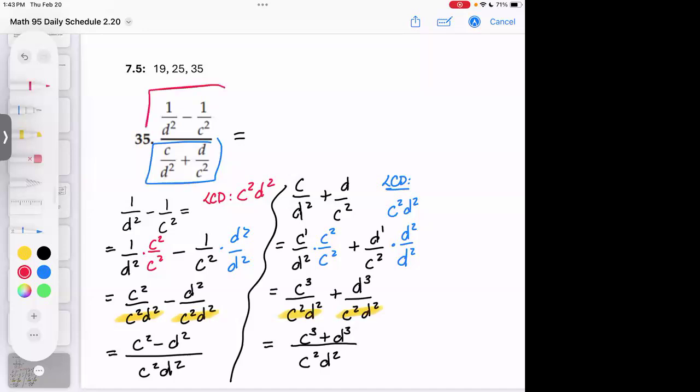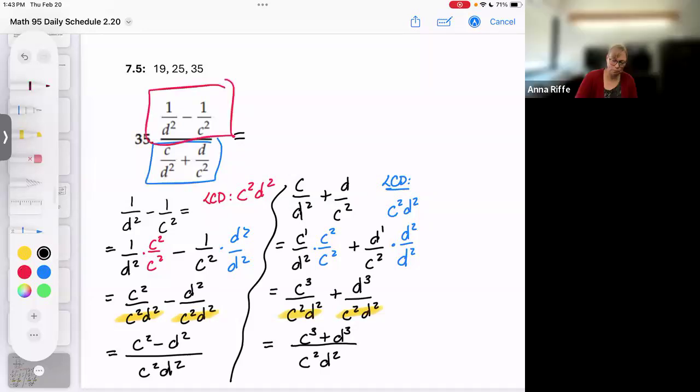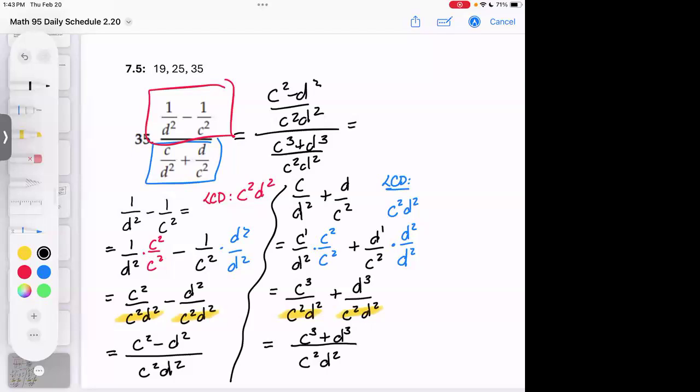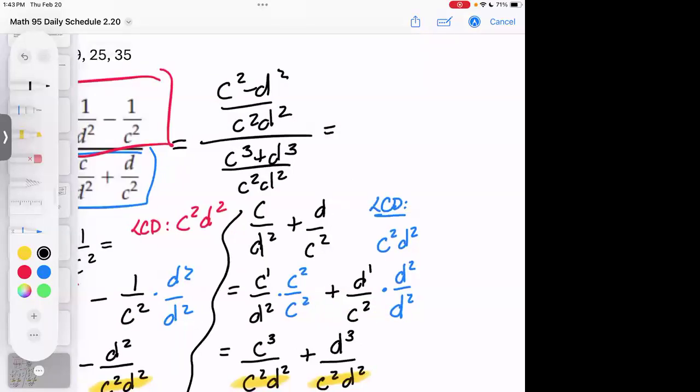So would you flip it? Yep. It's c squared minus d squared over c squared d squared, over c cubed plus d cubed over c squared d squared. And at this point, if you want to flip it, it'd be c squared over d squared over c cubed over d cubed, right?